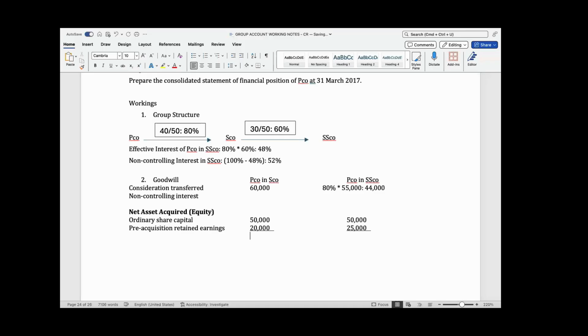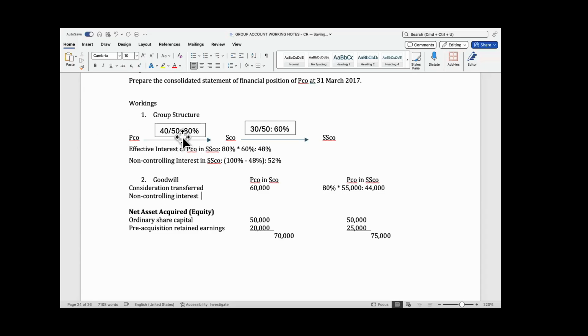Then, if I add these two together, it gives me 70,000. And if I add these two together as well, it gives me 75,000. Now, let's go back to NCI. What's NCI holding in ESCO?